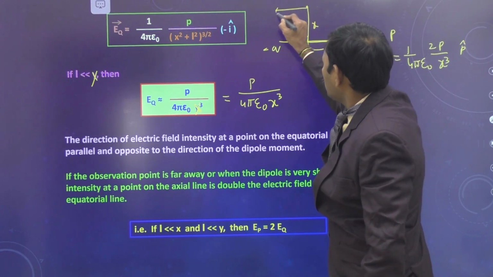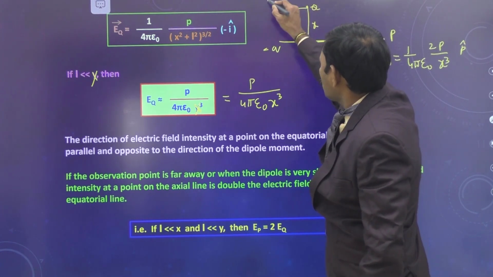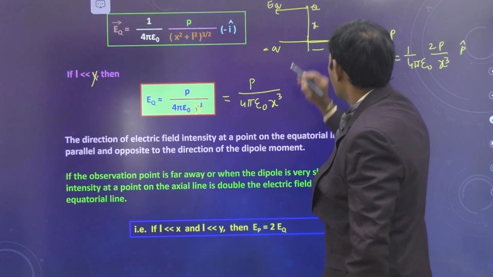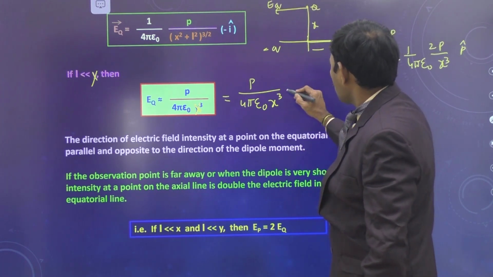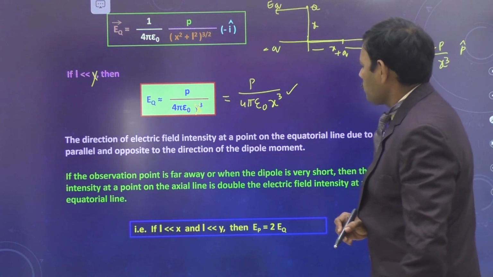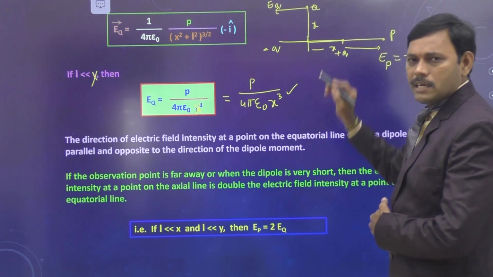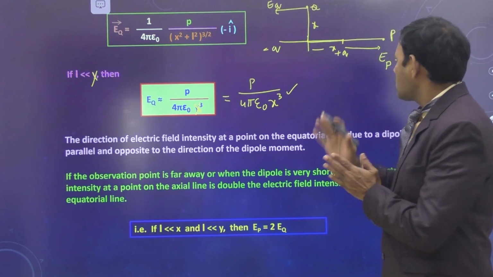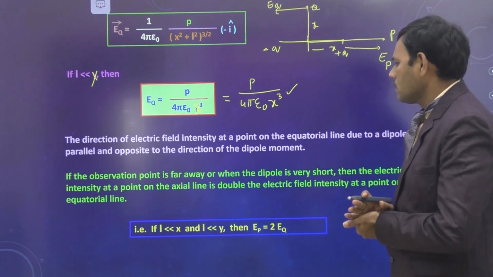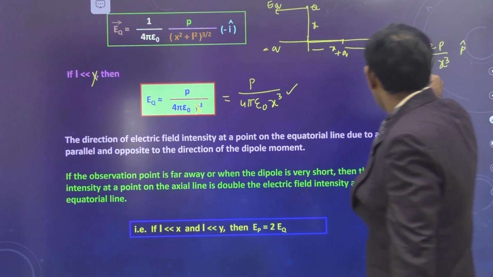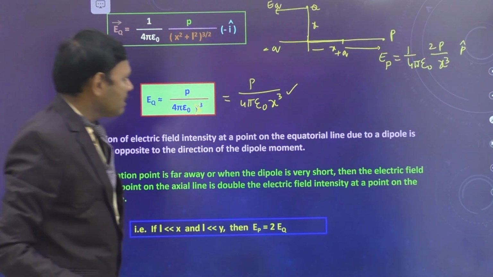the net electric field at point Q is along this direction, EQ. Here EQ is given by this formula, P by 4 pi epsilon naught x cube. If the same distance is considered on the axial line and the equatorial line, then on the axial line we get double the value of the equatorial line.